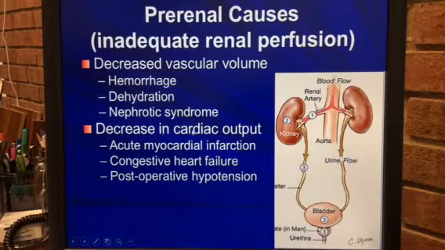Decrease in cardiac output. If the heart can't pump, the kidneys are going to have poor perfusion. Someone who has an acute myocardial infarction, also known as a heart attack, someone who has heart failure, someone who has post-op hypotension. Sometimes the medications, the anesthesia, the pain medications can produce decreased pumping action of the heart, or can cause vasodilation of the blood vessels.